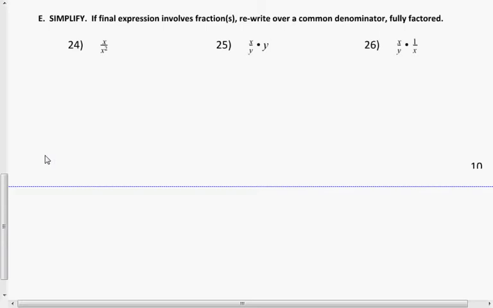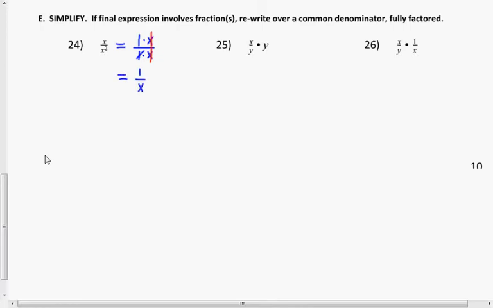So for number 24, x over x squared, I'll just remind you that really this is 1 times x over 1 times x. So the pair of x's here will cancel those common factors, and the final answer is 1 over x.